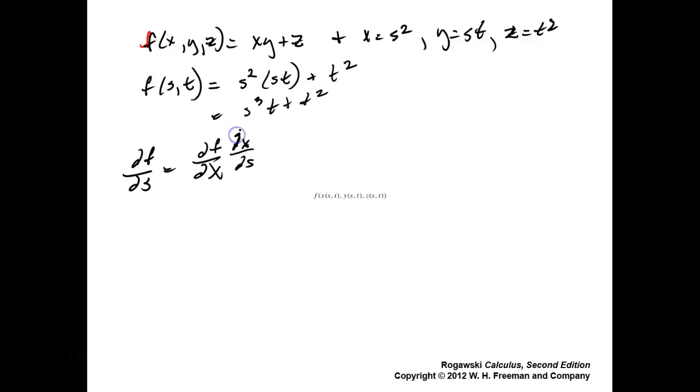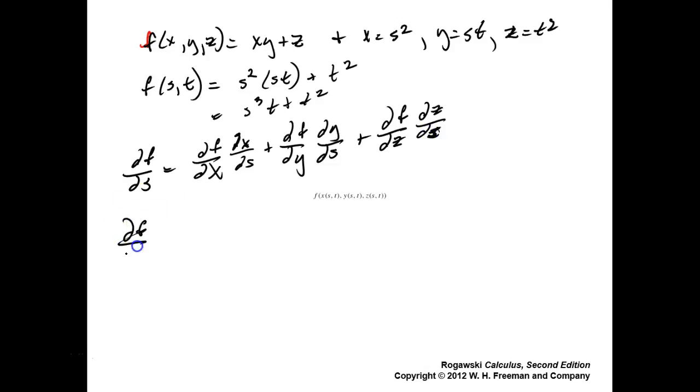I know that's hard to read, my writing stinks. Plus the partial of f with respect to y times the partial of y with respect to s. Plus, there's 3, the partial of f with respect to z times the partial of z with respect to s. I was jumping up and doing the next one.